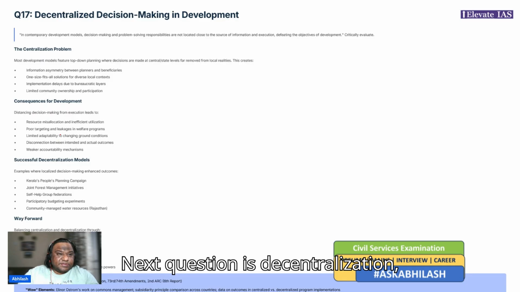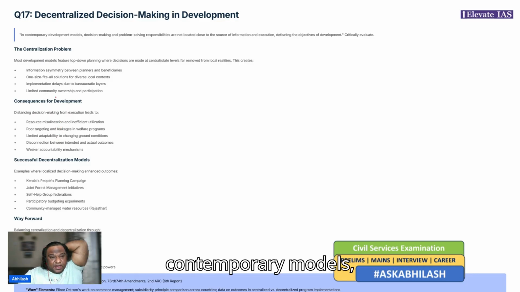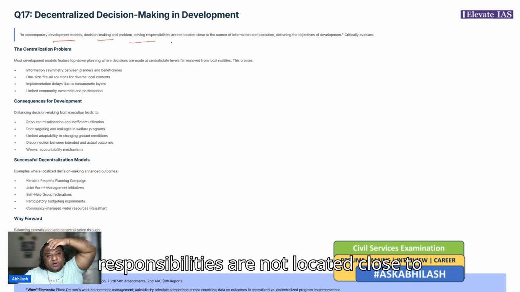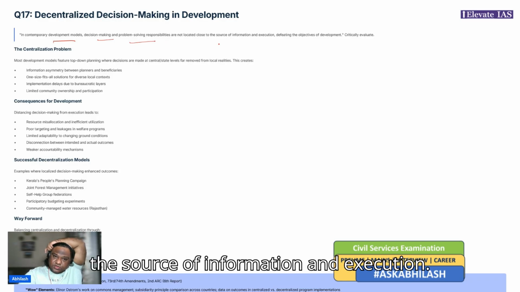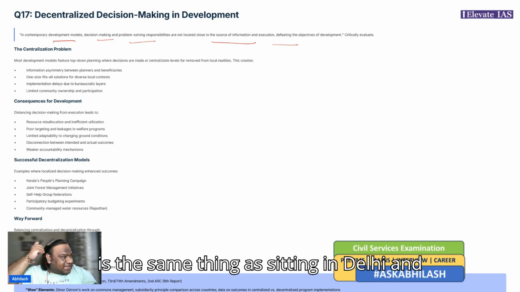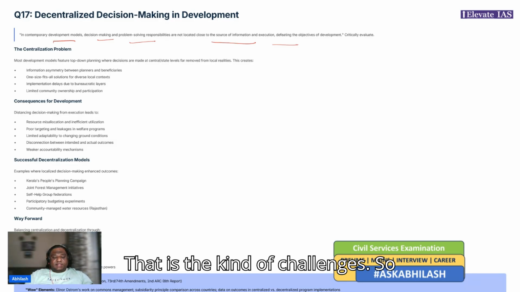Next question is on decentralization and decision making in development. In contemporary models, decision making and problem-solving responsibilities are not located close to the source of information and execution, defeating the object of development. Now, it is the same thing as sitting in Delhi and giving a solution for Telangana. That is the kind of challenge.